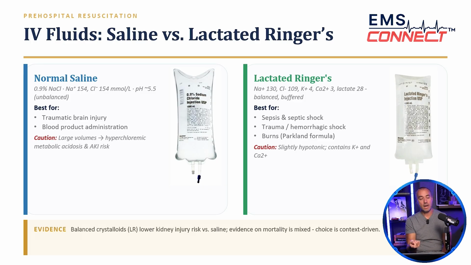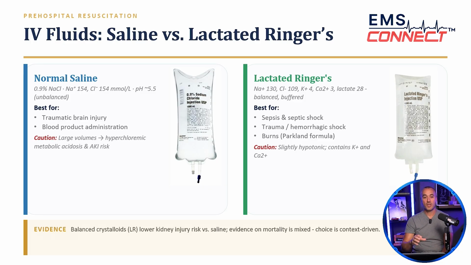It is also compatible with blood product administration. So if your system carries blood products, then normal saline is generally going to be what is carried along with that as well. Lactated ringers is better because it is more physiologic, but it is not 100% physiologic.